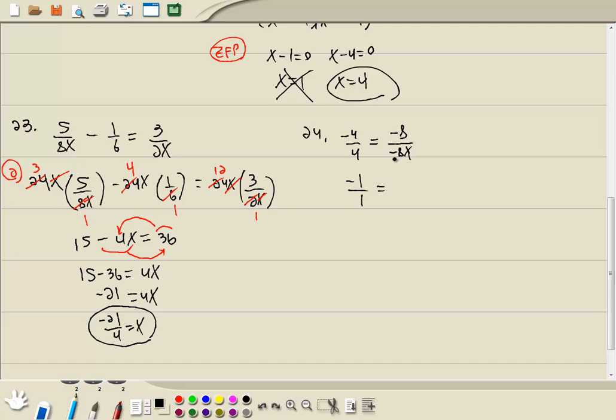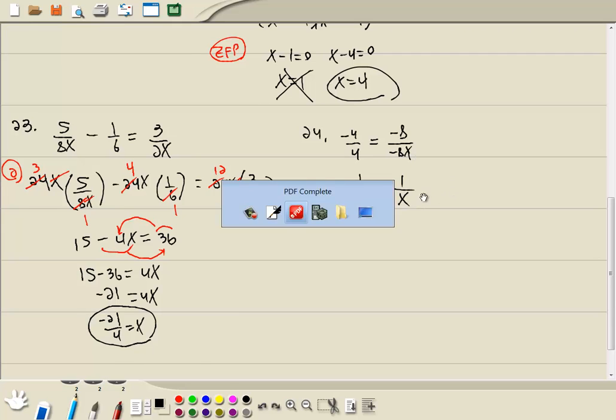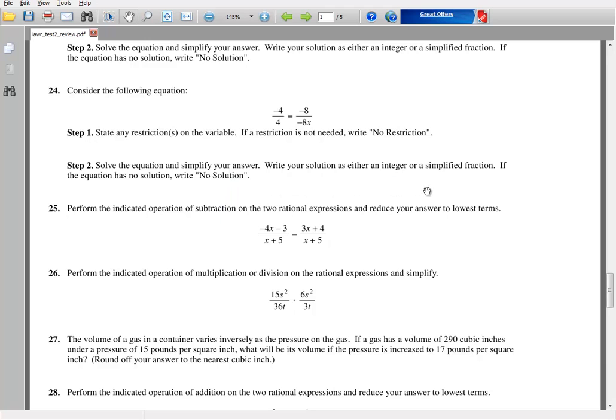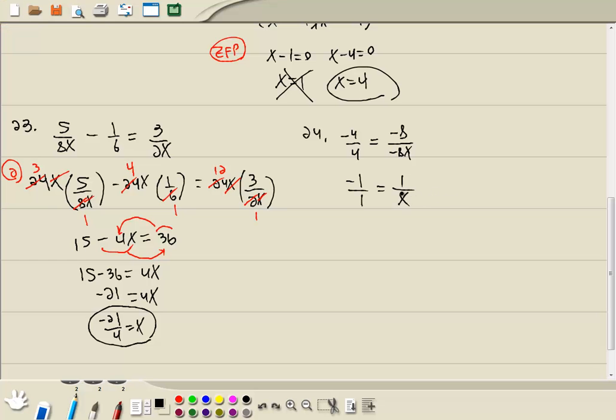And here, negative divided by negative becomes positive, and 8 and 8 are both divisible by 8. 8 divided by 8 is 1, and 8 divided by 8 down here is 1 with an x, or just x. Now the restriction on this, I think they're asking for restriction, is of course we cannot have 0 as a remainder. So x cannot equal 0.